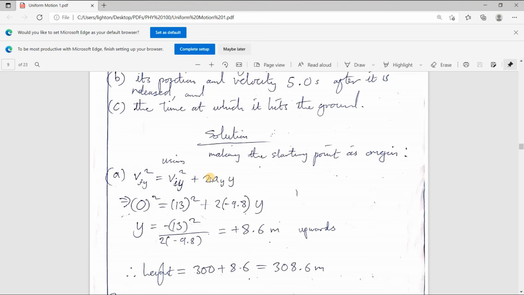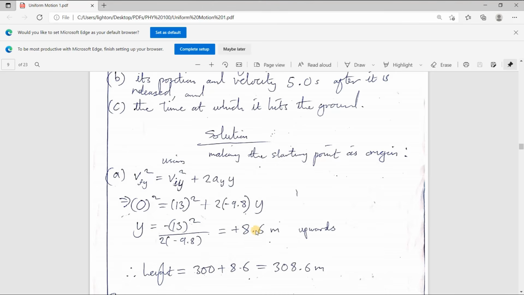But from the point it was released, this bag or balloon was 300 meters below the ground. So if it has risen by this much, but initially it was also 300 meters below the ground, then we have to add this rise plus how much distance it was below the ground.